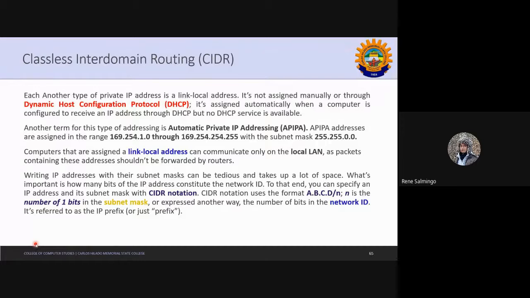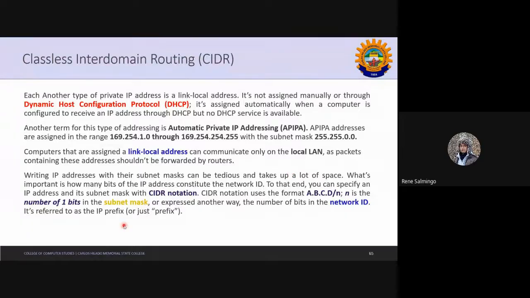Also, we have another term for this IP address that is assigned only for 169.254.1.0 through 169.254.254.255, and that is your APIPA, or your Automatic Private IP Address.